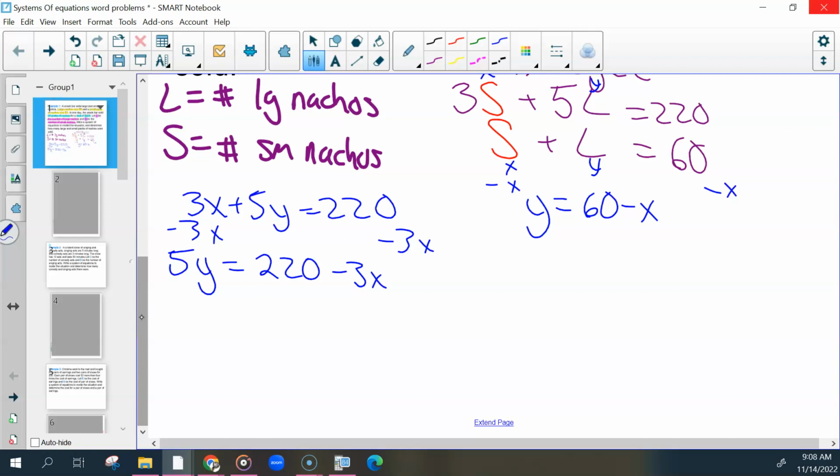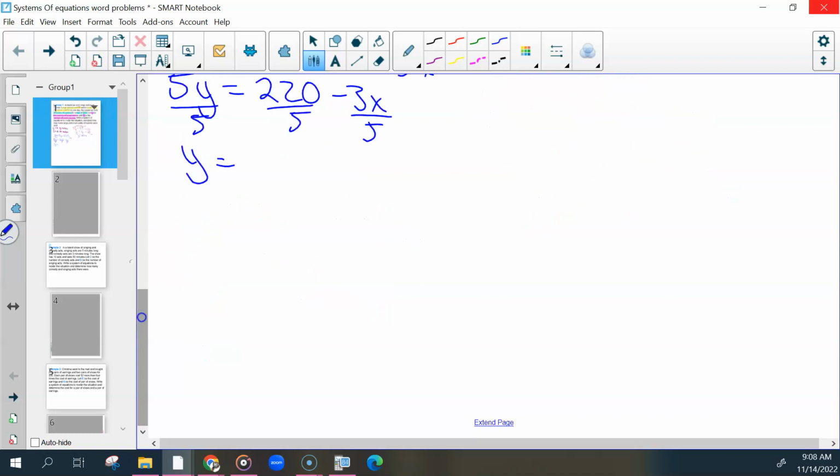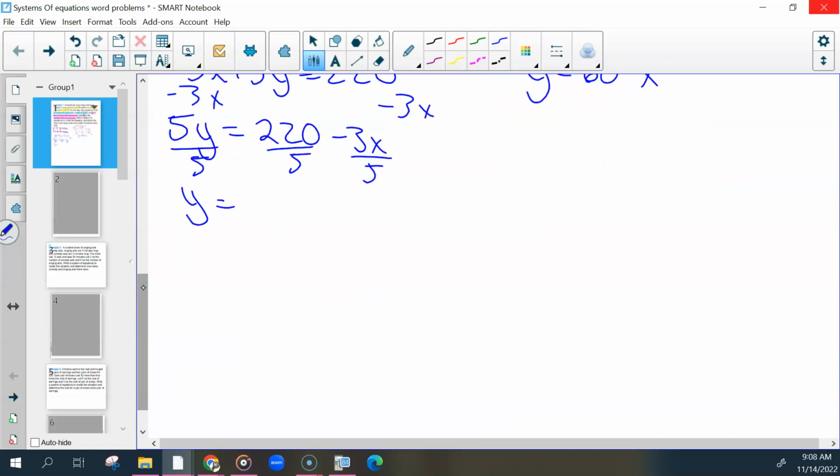And then divide everything by 5. Divide 220 by 5 and tell me what that is. Say that again. 44.